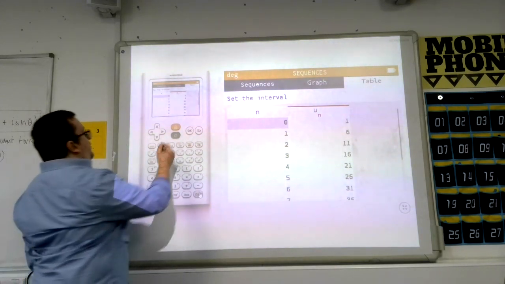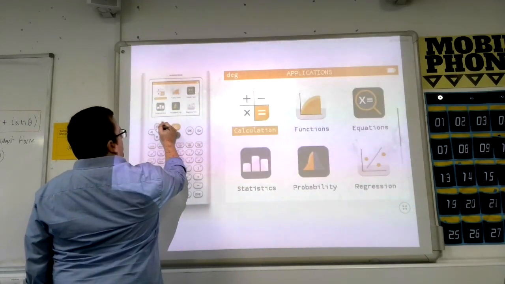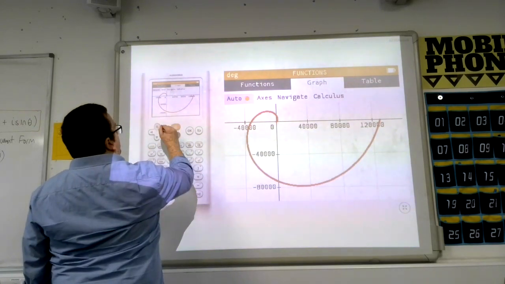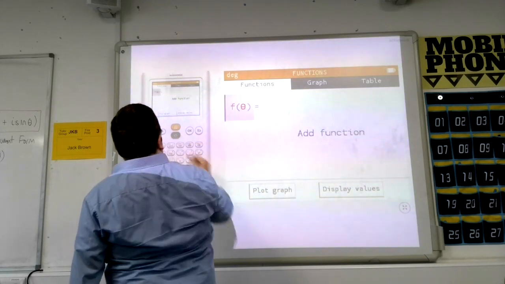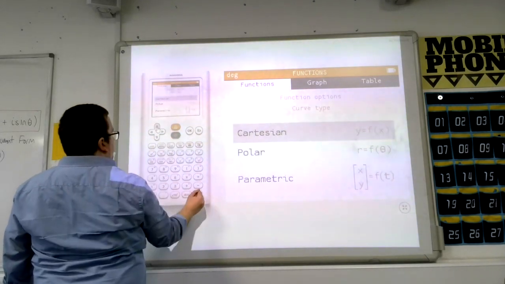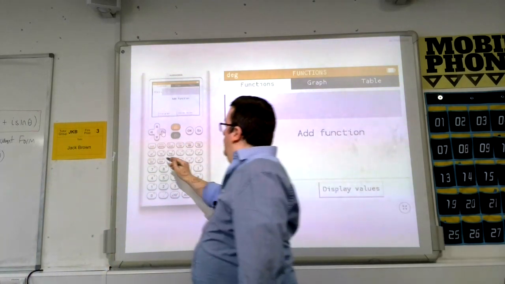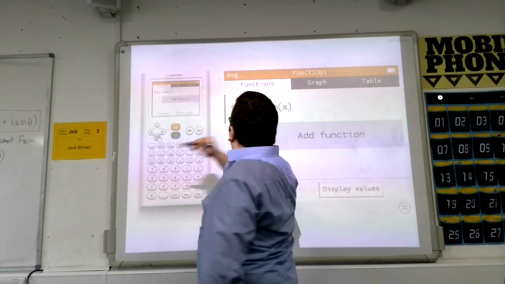So if you wanted to do, okay, let's take a look at that, graph transformations. So if I go to functions, let's get rid of that one. I'll just change that back over to Cartesian. So let's say I had sine of x. That's usually a good one to work with. So let's say f of x was sine of x.